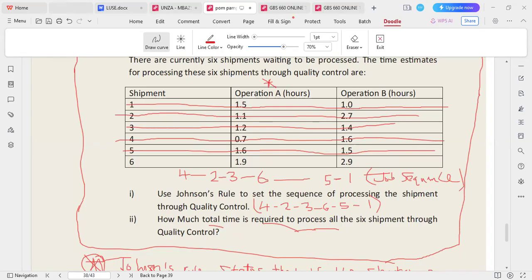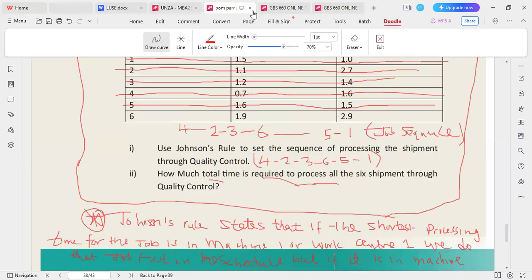Okay, so now this is how we are going to do a Gantt chart.